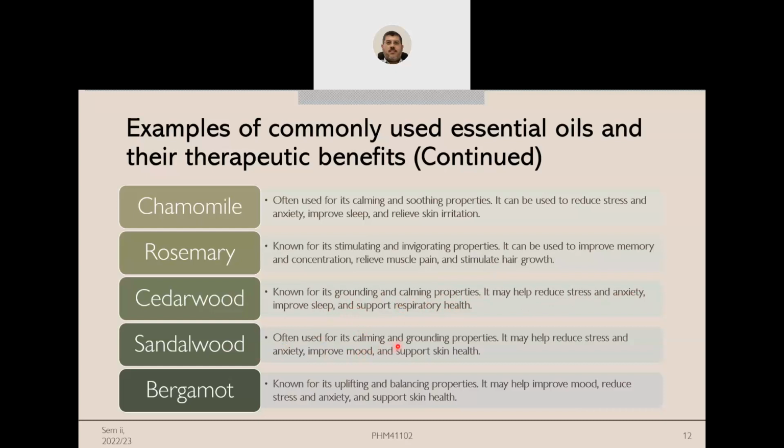Sandalwood has calming and grounding properties, helps reduce stress and anxiety, improve mood, and support skin health as well, same as cedar wood. Bergamot oil has uplifting and balancing properties, may improve mood, reduce stress and anxiety, and support skin health.